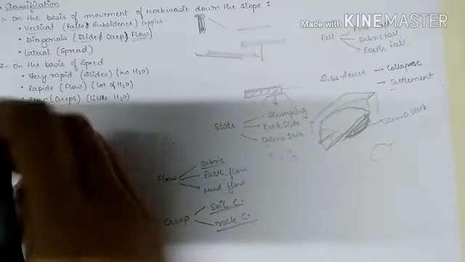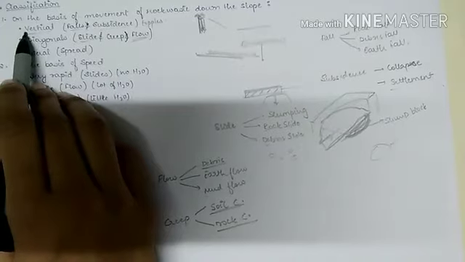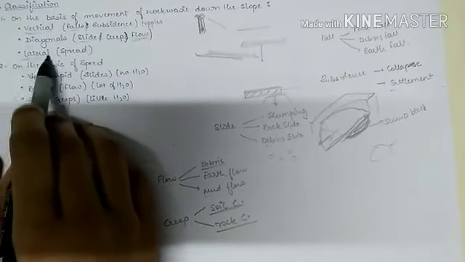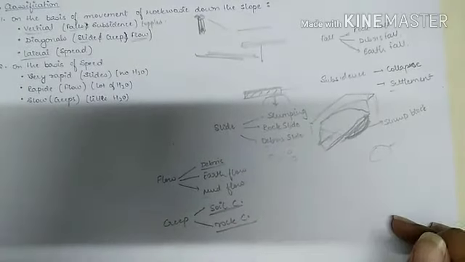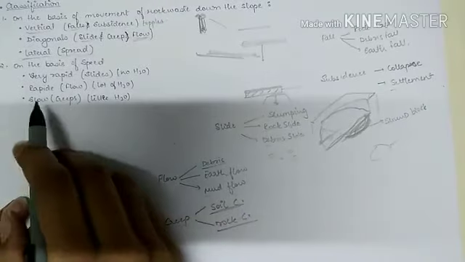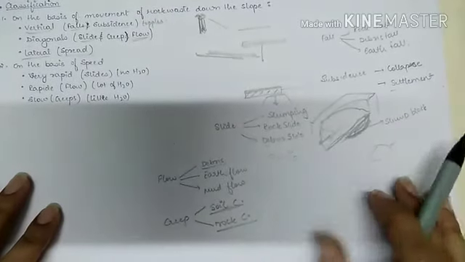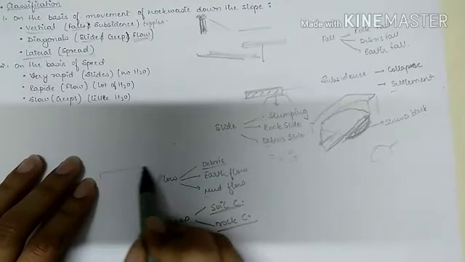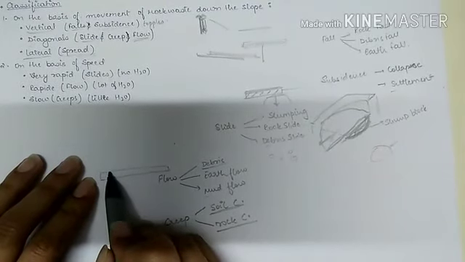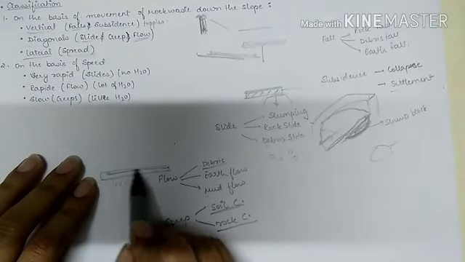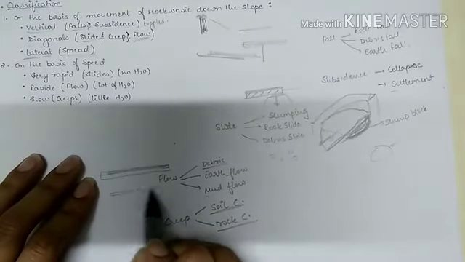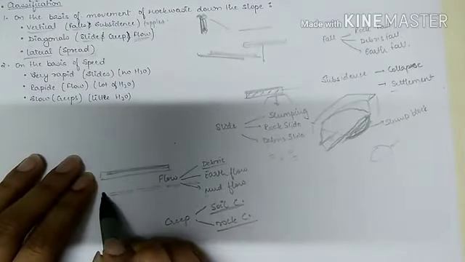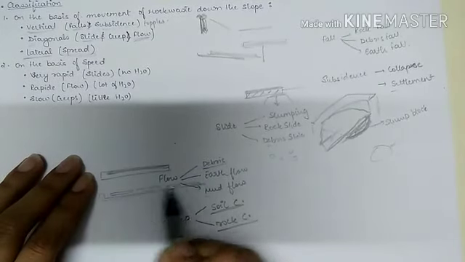Now the last one is lateral. This was vertical, then we have diagonal, and the last one is lateral. Lateral involves spread. In spread, this is our rock structure. Disintegration occurs here, and the disintegrated part spreads, so the area will increase. Now this will be the resultant body.